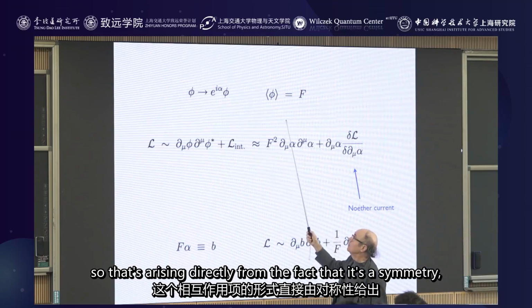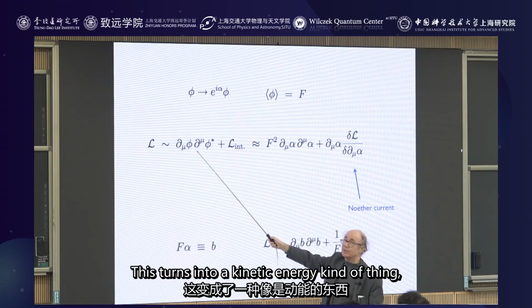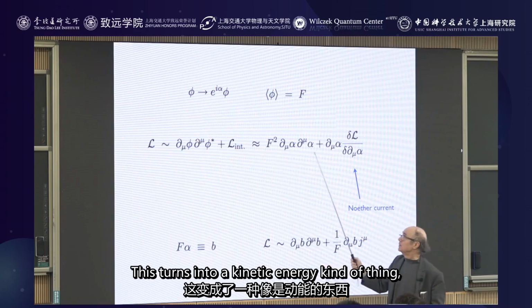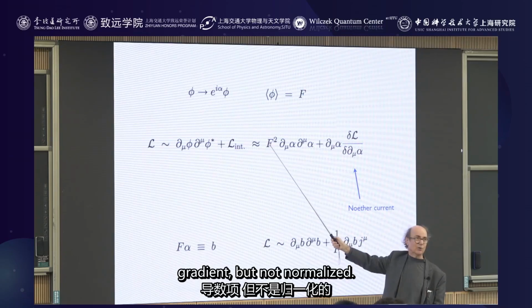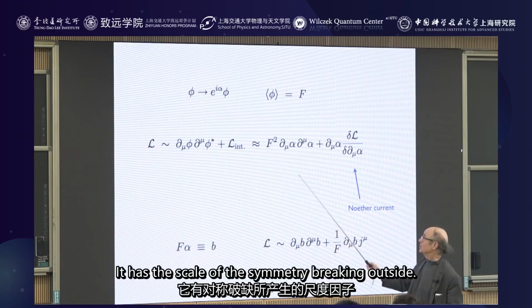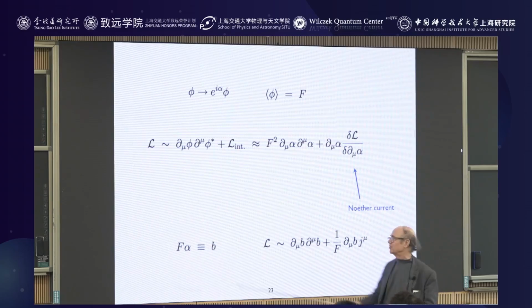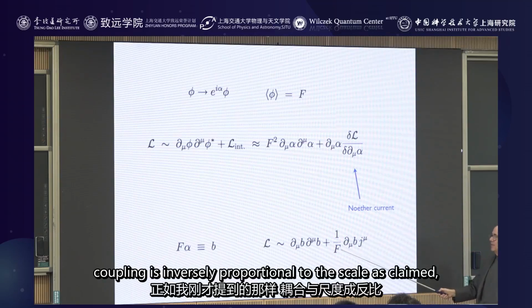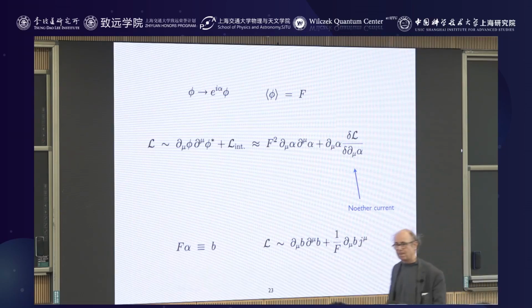So that's arising directly from the fact that it's a symmetry, and then it gets a vacuum expectation value. This turns into a kinetic energy kind of thing, gradient, but not normalized. It has the scale of the symmetry breaking outside. So if we normalize the field, it looks like the coupling is inversely proportional to the scale as claimed, and it has a very, very specific form that's tied to the symmetry.